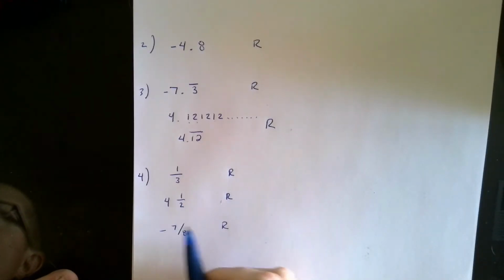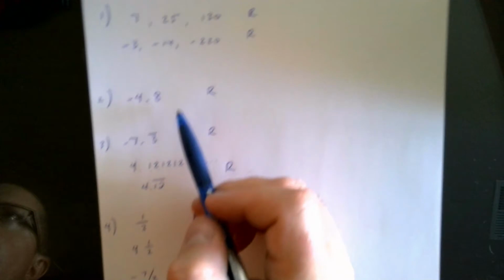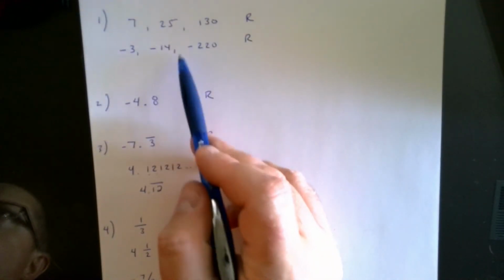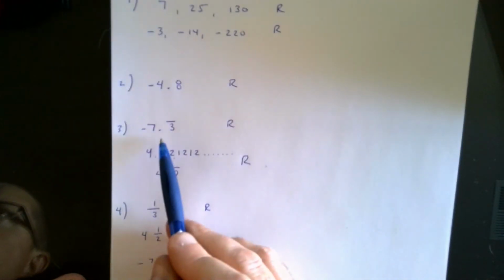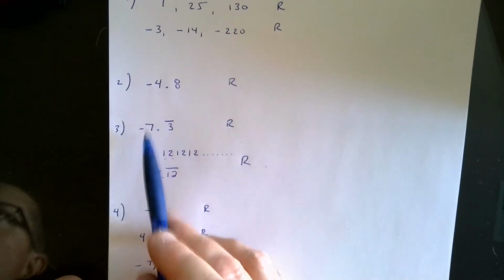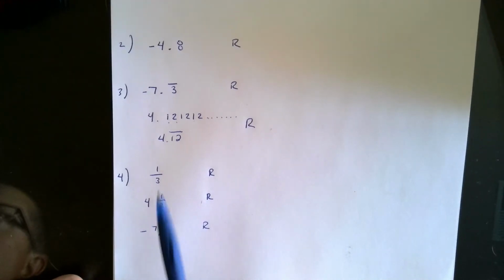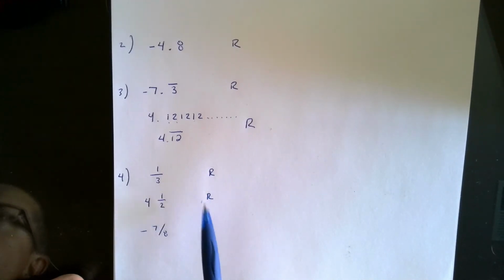Pretty much any number that you can write as a fraction is rational. So all our numbers that are whole, positive and negative, are rational. Decimals that terminate or repeat are rational, positive and negative. And fractions and mixed numbers that are positive and negative are also rational.